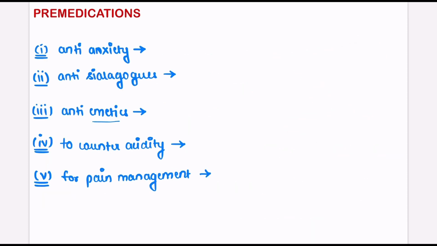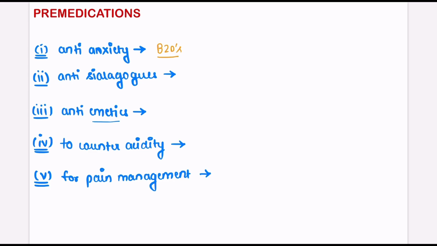Before giving anesthesia, we give certain pre-medications to the patient, which includes, first, for treating anxiety of the patient, anti-anxiety drugs like benzodiazepines. We have to put a laryngeal mask airway in the patients, so we don't want patients to salivate more.